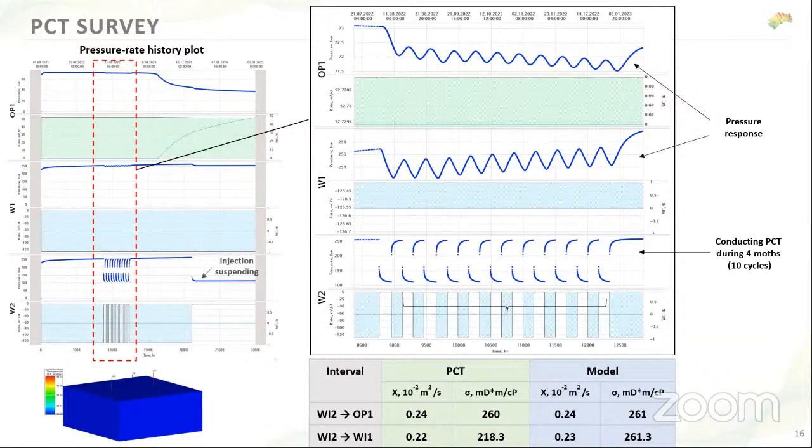Another question regarding PCT. When we analyze the PCT results, do we, at any point, use the rate? And how important is it to have accurate rate measurements? Yes, to have a reliable interpretation, we must use not only the pressure, but also the rate of the generator well and the observation wells, both of them.